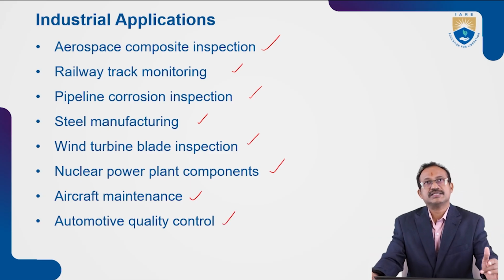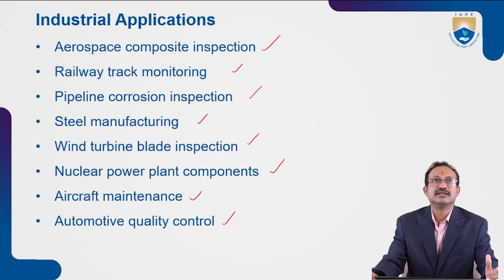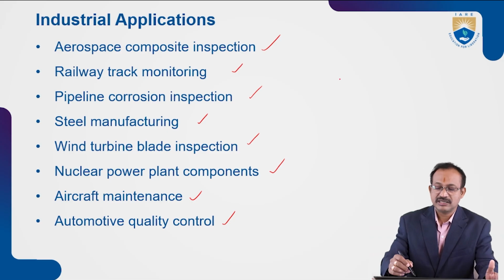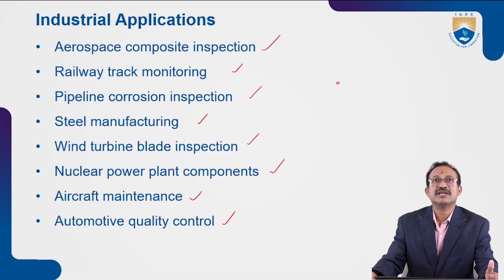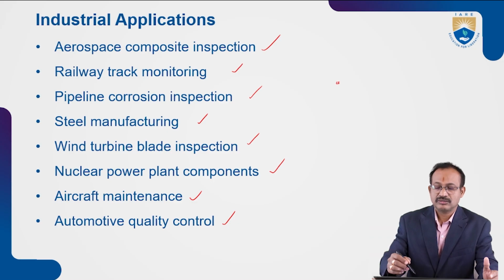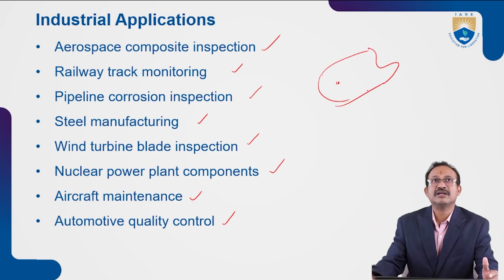See, all these industrial applications are very crucial and critical. In aerospace composite inspection, definitely there would be a chance of small crack propagation. If we don't inspect frequently, what will happen?